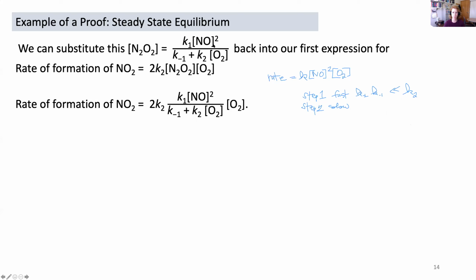Okay, wait, I think I have this wrong. Let me erase this. This is not true. So step 1 is fast, step 2 is slow. Sorry guys. That part was true. Step 1 is fast, step 2 is slow. I was just remembering last lecture where I was talking to you about rate constants.